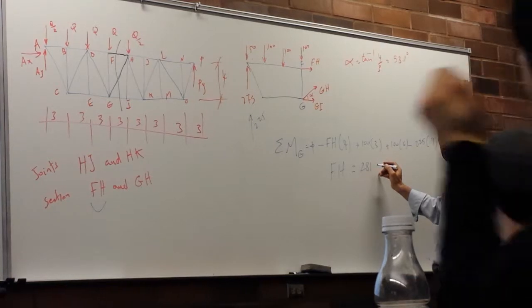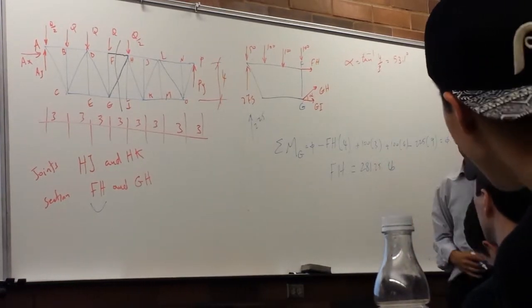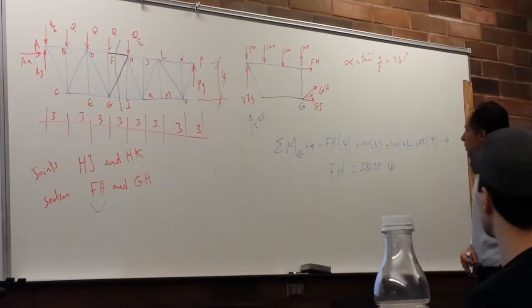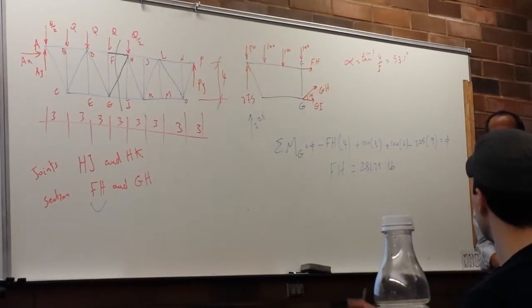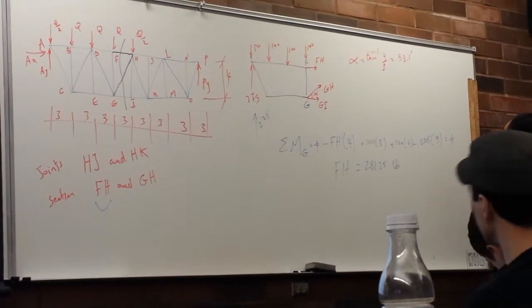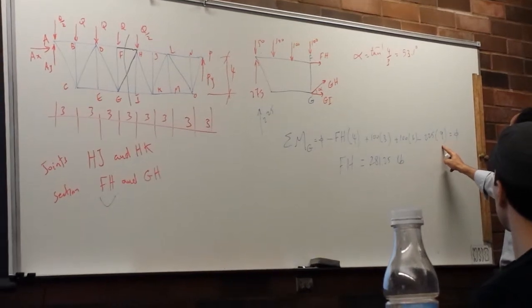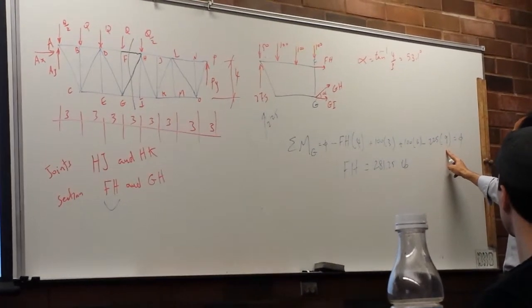And that's negative. Is it negative or positive? It's negative. This is 900, this is 1800, negative.